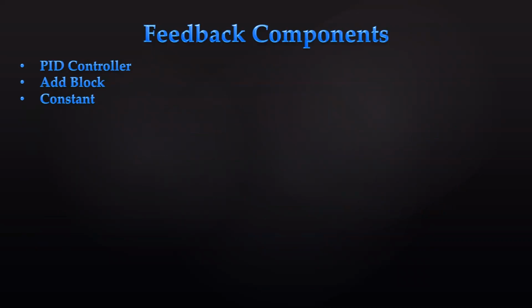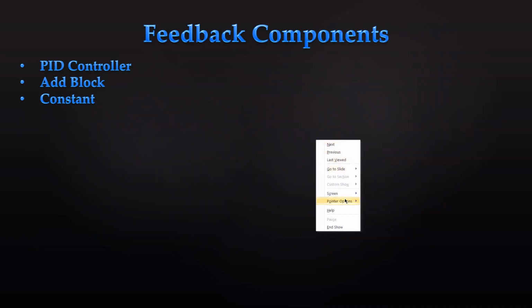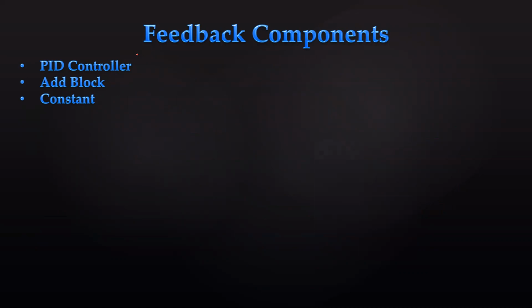And these are the components that we need to design our feedback loop or feedback circuit: a PID controller, which is the most important controller, an add block, which is required to compare our reference to the sensed output, and a constant which is required to give the reference.